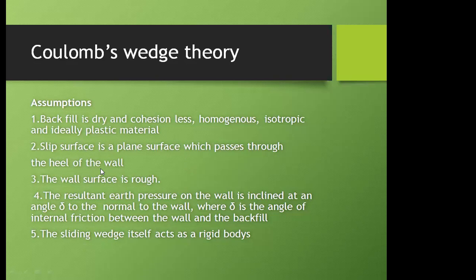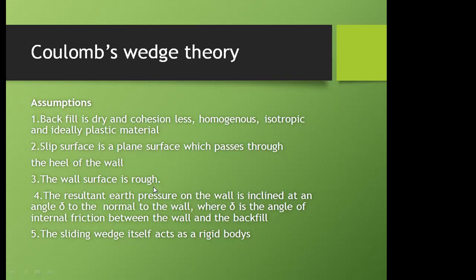We have seen in the second unit how the slip surface can be defined. First we assume it, and then according to the theories we define where the slip surface lies.